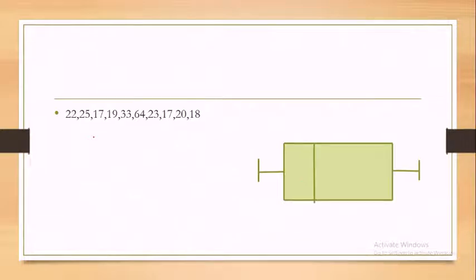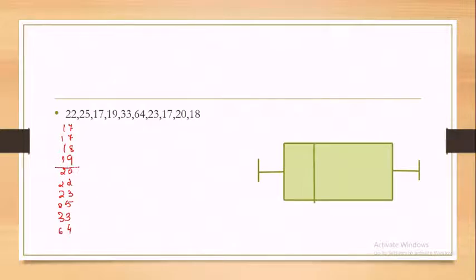Now this is your data set, and as already said, we arrange this data set in ascending order. So when you arrange the data set in ascending order, you will get 17, 17, 18, 19, 20, 22, 23, 25, 33, 64.